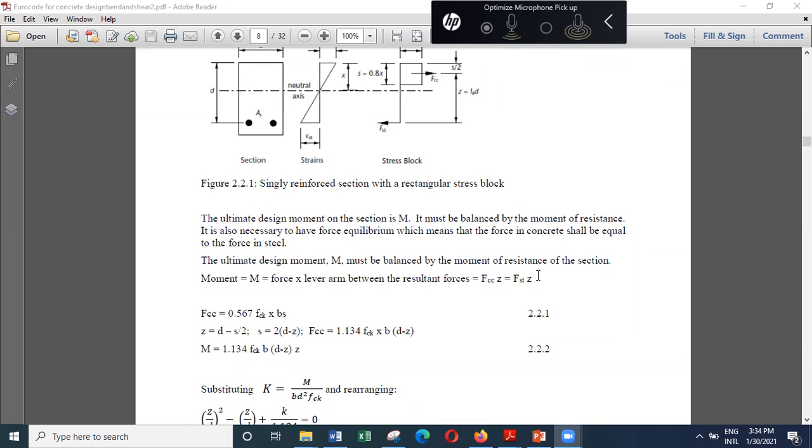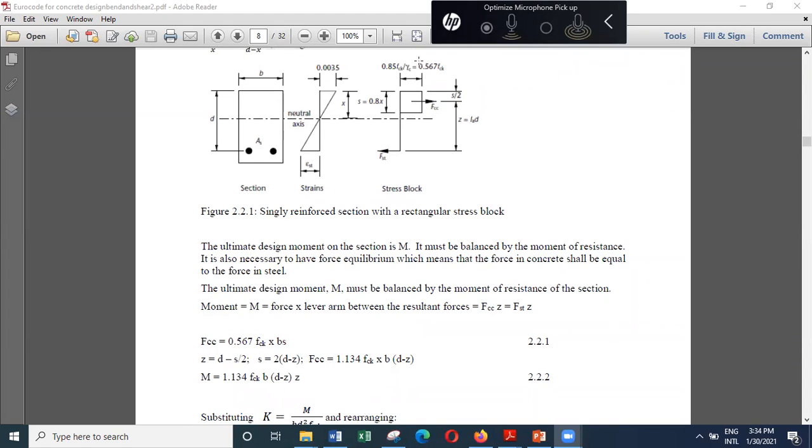If you look at the FCC value, it is the stress in concrete, 0.567 FCK, multiplied by the area of the stress block.